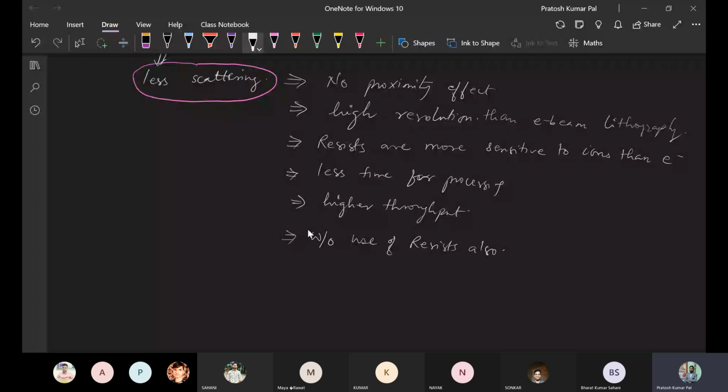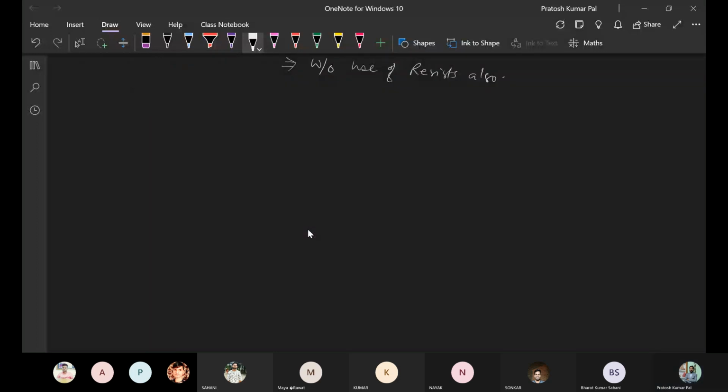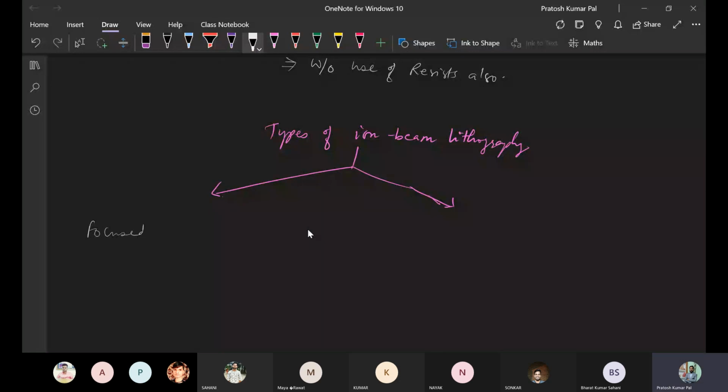There are different types of ion beam lithography. The first one is the focused beam system. Another one is the masked beam system.